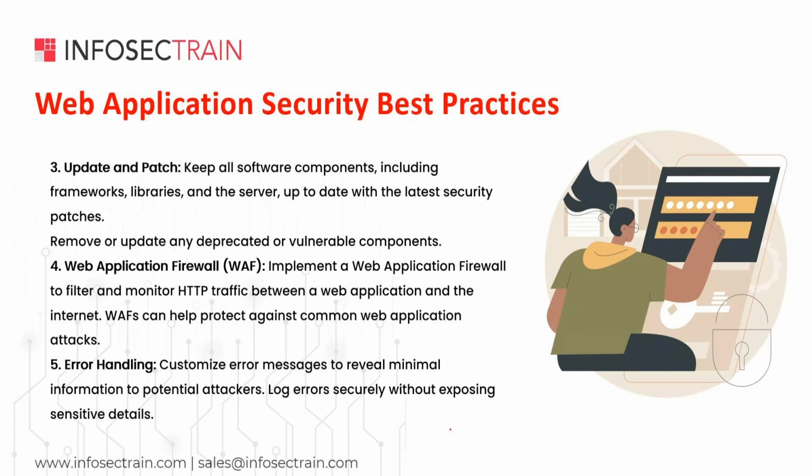And last one is error handling. Customize error messages to reveal minimal information to potential attackers. So these are the practices you should follow in order to have best security practices for web applications.